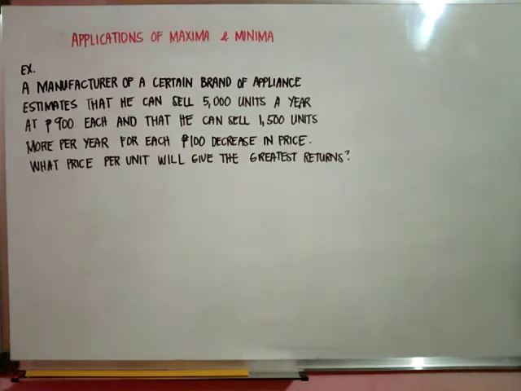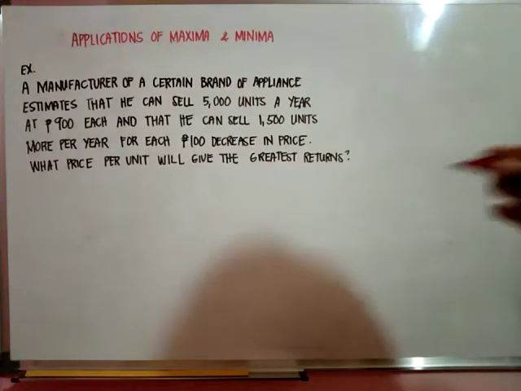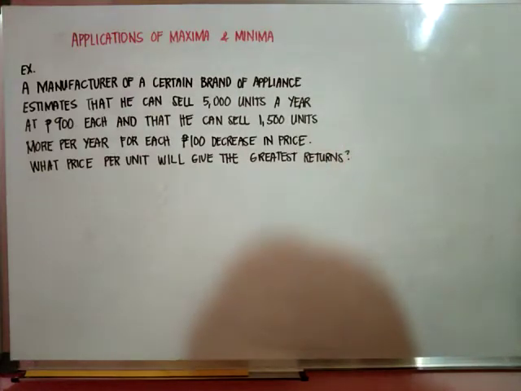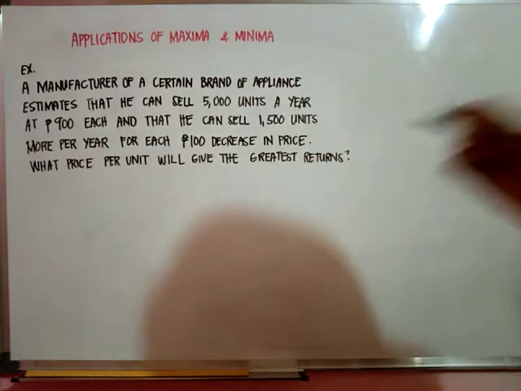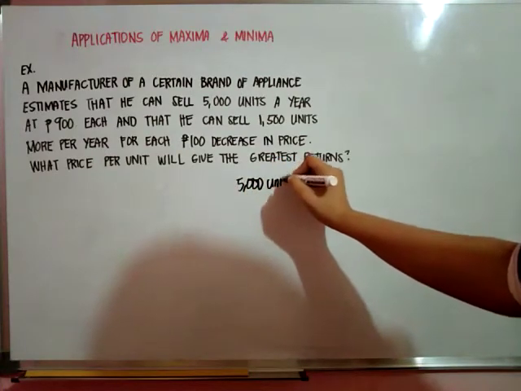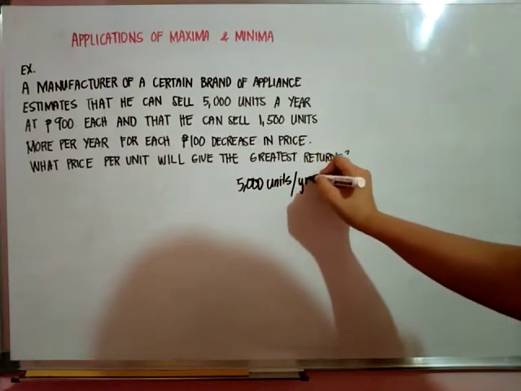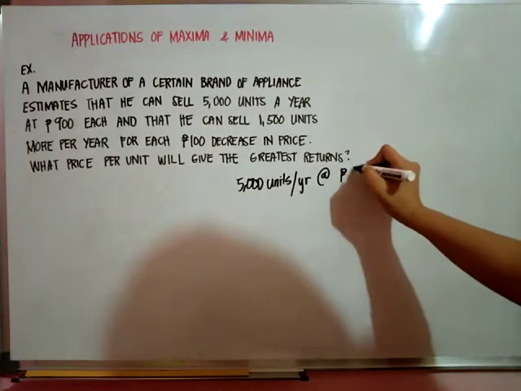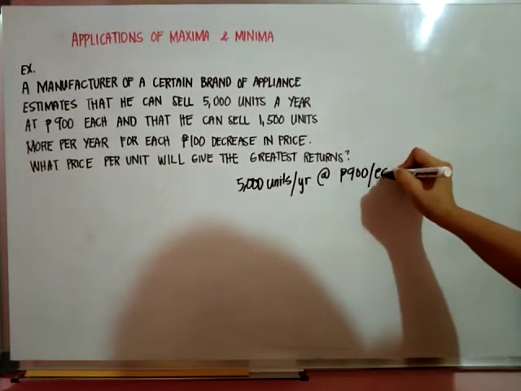A manufacturer of certain brand of appliance estimates that he can sell 5,000 units a year. So, meron siyang nabebenta ng 5,000 per year, 5,000 units per year at 900 pesos each.